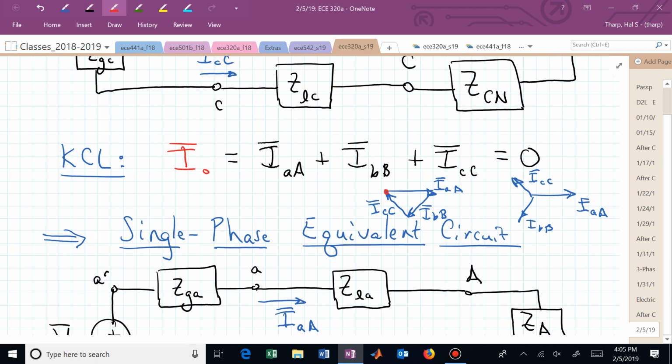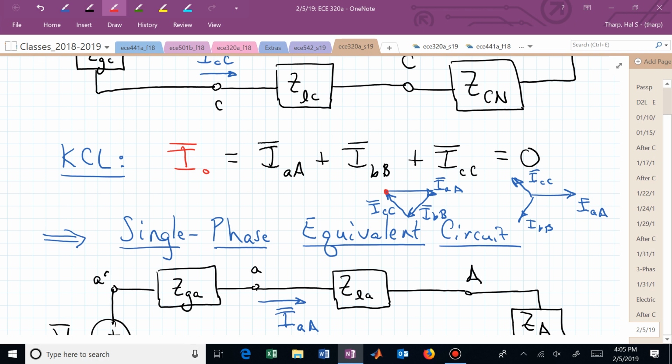That's why we can conclude that the sum of I sub AA plus I sub BB plus I sub CC is equal to 0. And once we've concluded that, that was equal to the current in the neutral conductor, I sub 0. That allows us now to either short it out or remove it. It helps us in our analysis to short it out and come up with this single-phase equivalent.